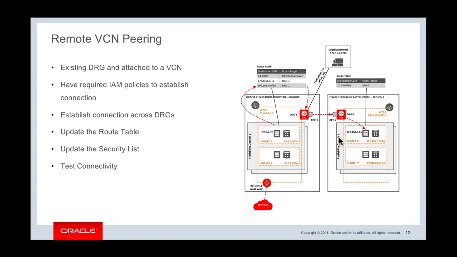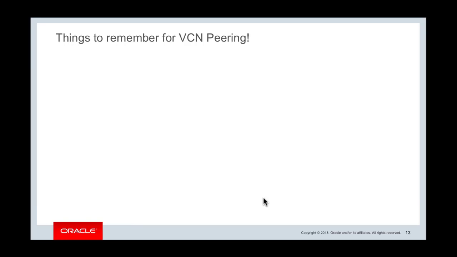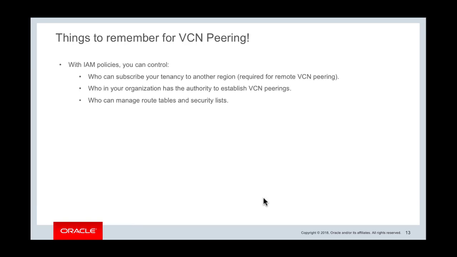Some of the important implications of VCN pairing, be it remote or local. From an IAM policy perspective, there are certain things you can control using identity and access management policies. You can control who can subscribe your tenancy to a different region, for instance in the case of creating a remote VCN pairing.